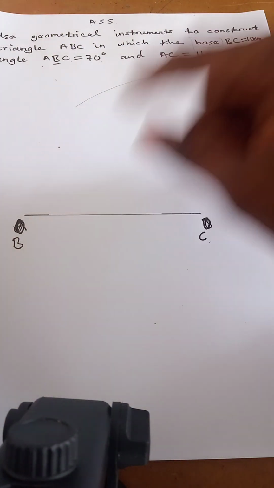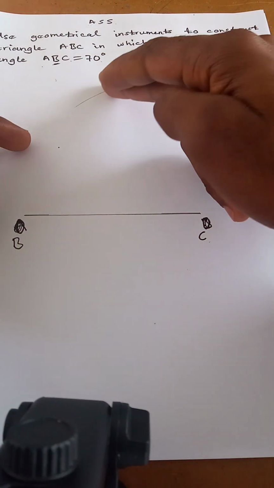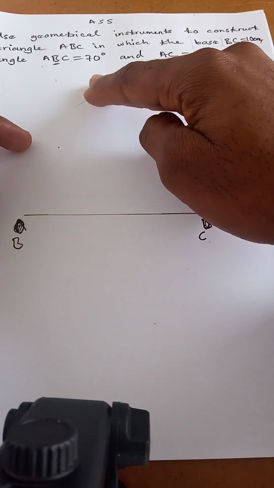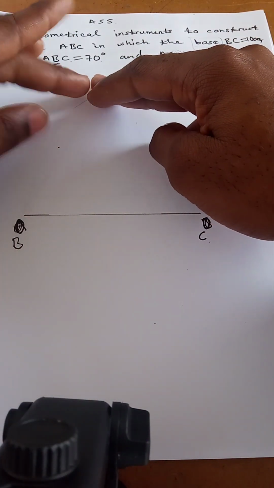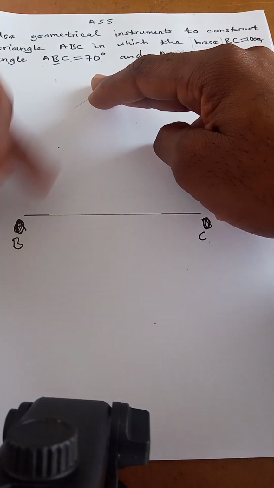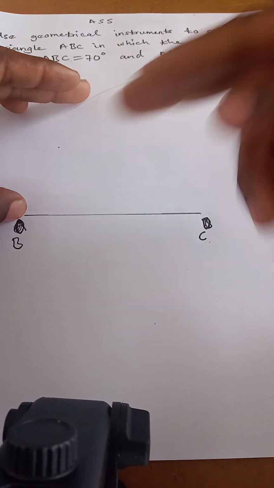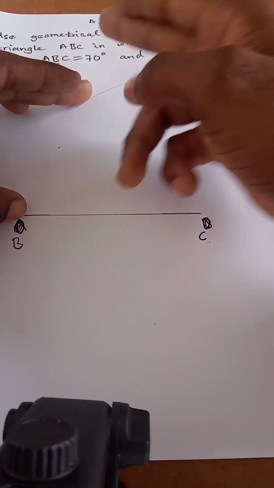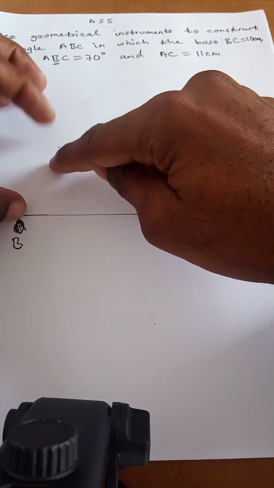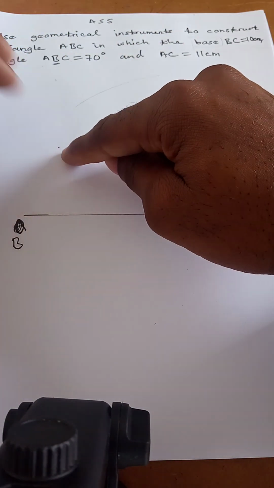Now this line must be 11 centimeters, and then this line here, BC, must form a 70 degrees angle with this. That's where this dot comes in.